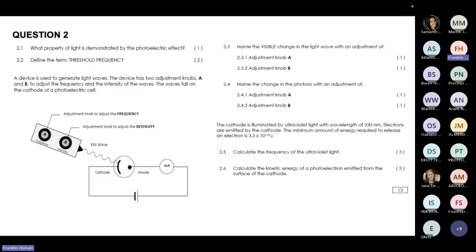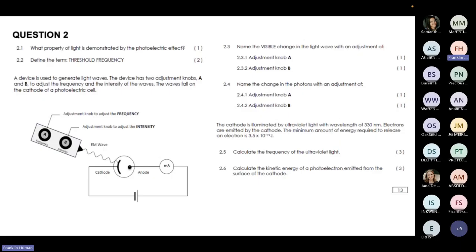Okay, so I'm going to start again. Light of a certain frequency will be light of a certain wavelength, will be light of a certain color, will have energy packets or photons of a specific amount of energy. Right, so now we've got four things that we need to say together.